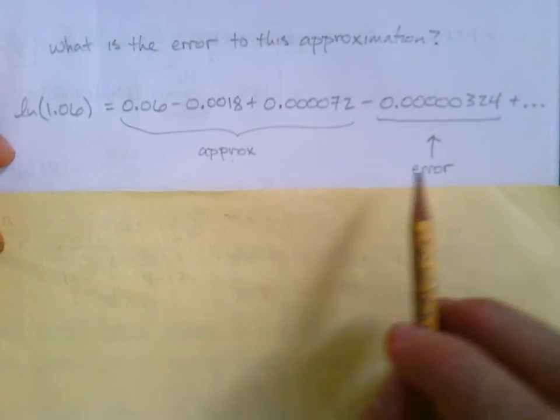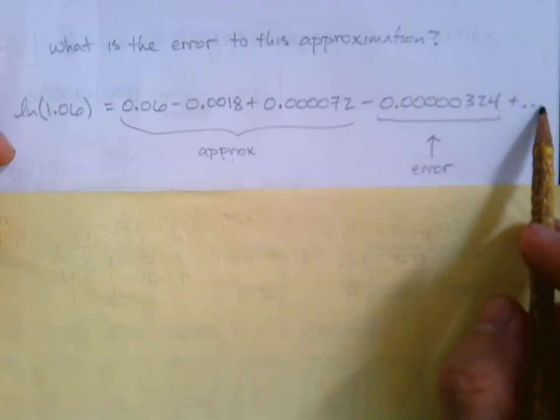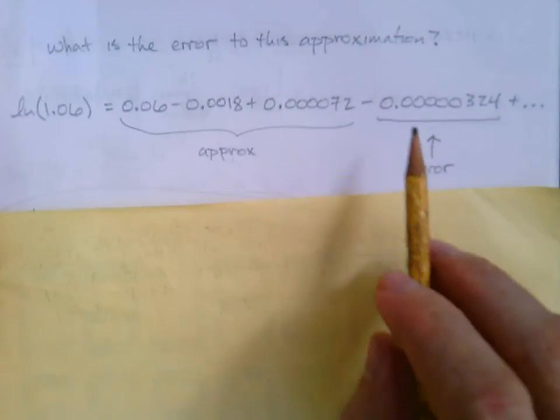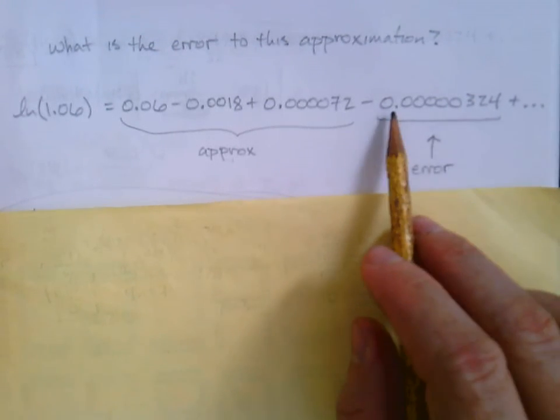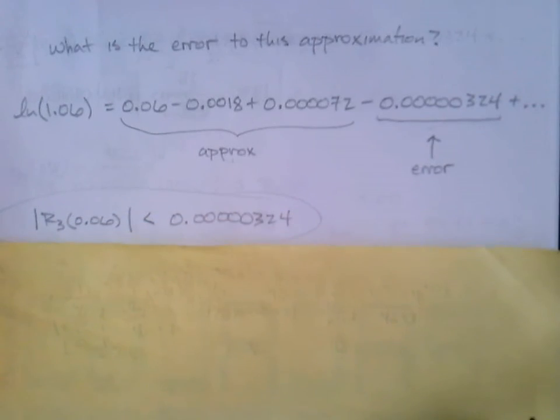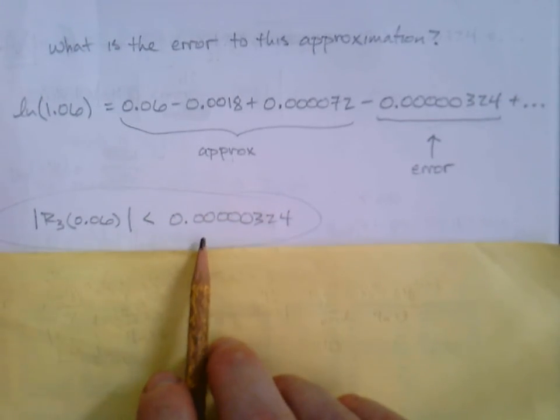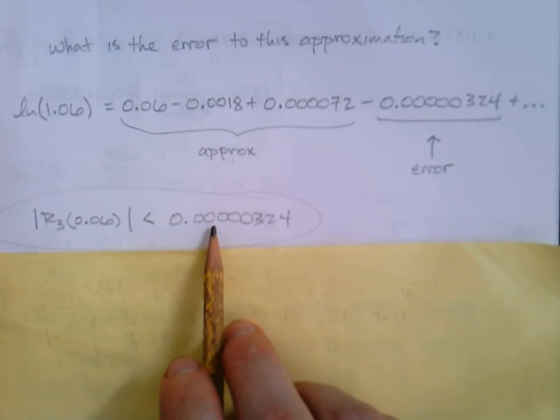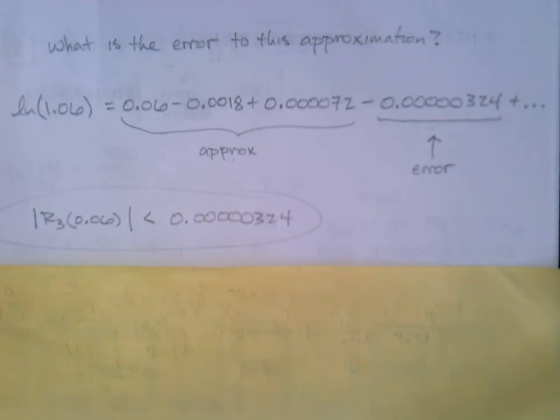So where I subtracted, it's like I drop down, then I add back. But when I add back, that number is even smaller than this. And so the furthest I'm going to deviate from the actual value is that very next term. So R3 of 0.06 is going to be less than that term right there, 0.0000324.